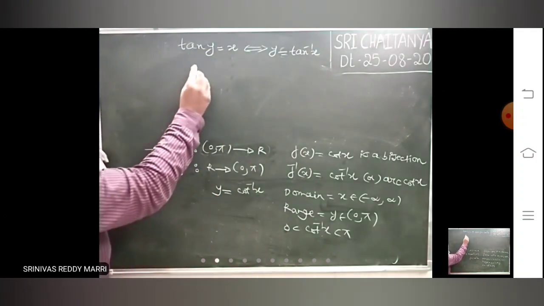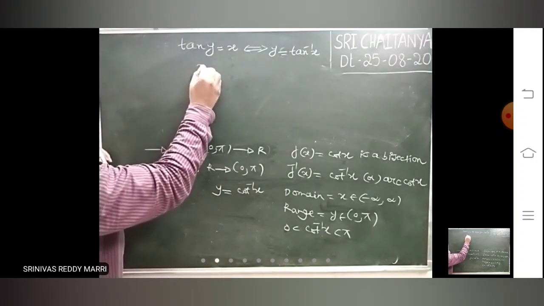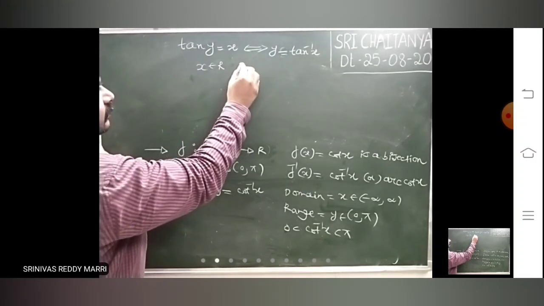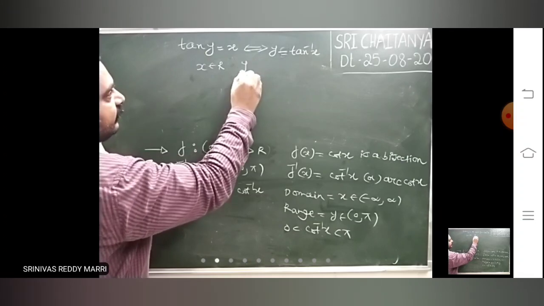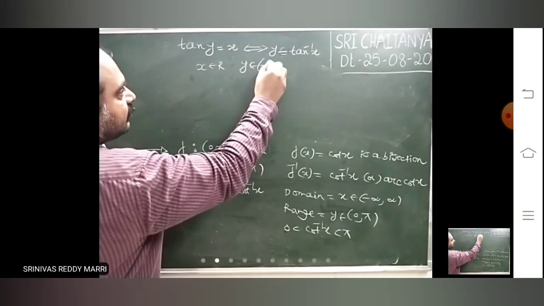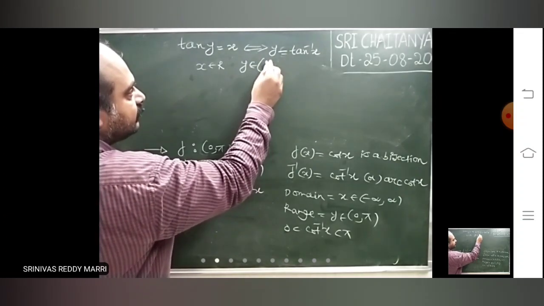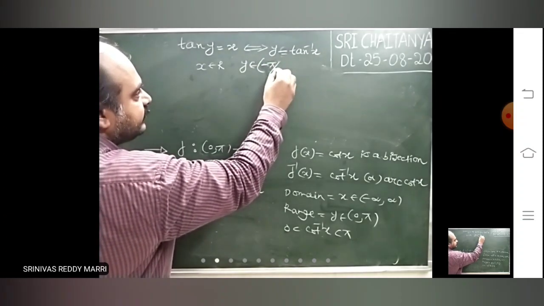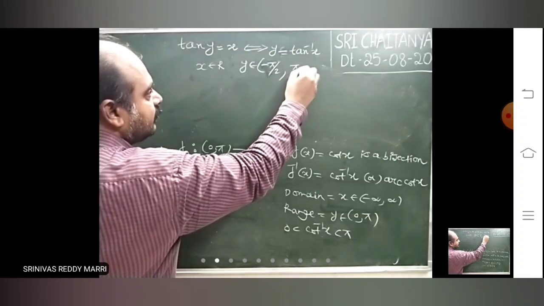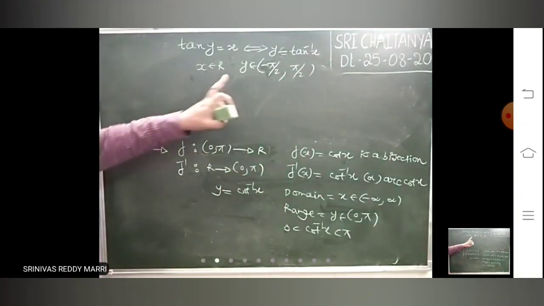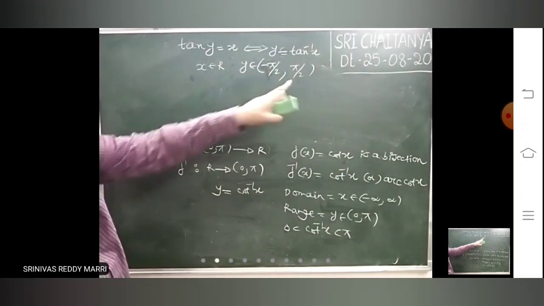Here x is any real number, and y must lie in the interval (minus pi by 2, pi by 2), open.